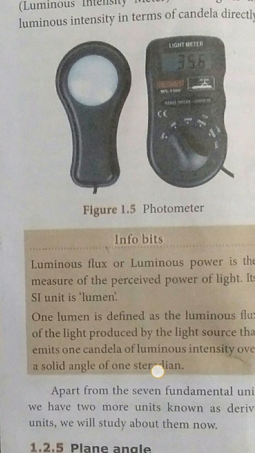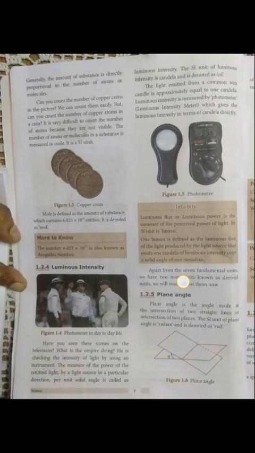Okay, so in this class we have studied 3 physical quantities. One is electric current, another is amount of substance, and the next is luminous intensity. For these 3 quantities you have to study the definition, formula and unit.